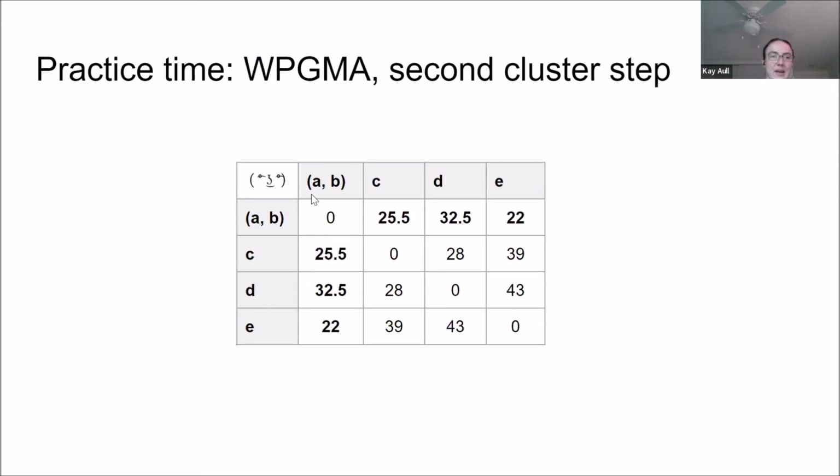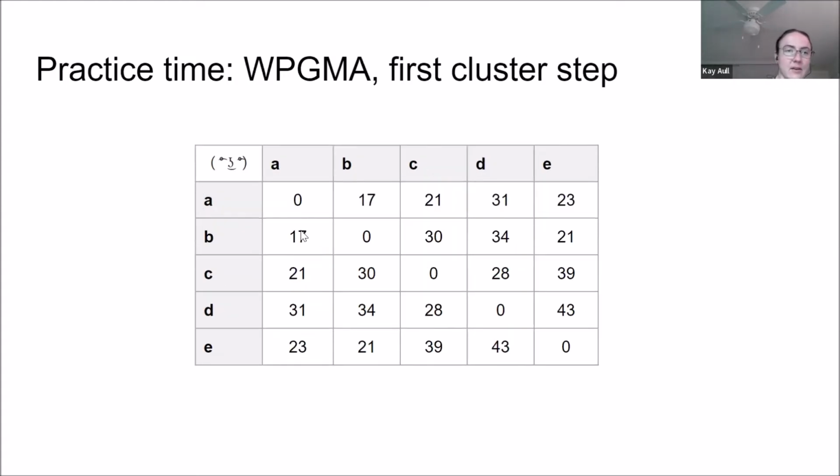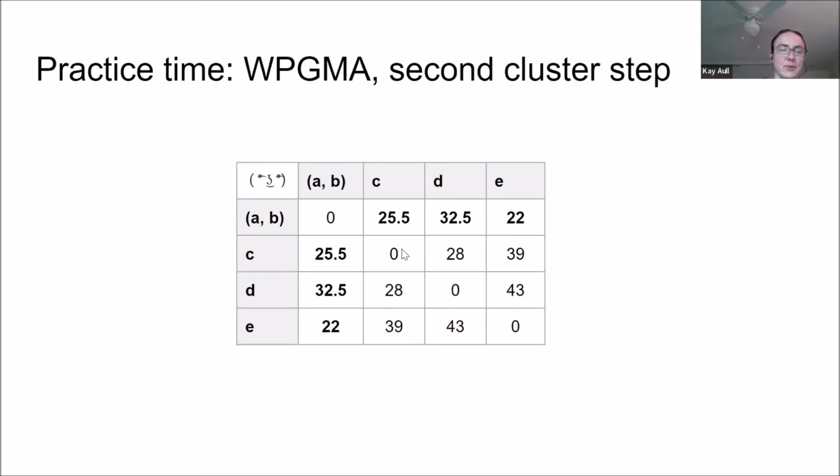And you would do that by looking at what's the difference between A and C, what's the difference between B and C. And so you would take the average of the distance between these, and then you would get your new distance measurement for what the difference between the AB cluster and C is. And so that's the average of 21 and 30 here. And then you would go along and update these using the same principles.